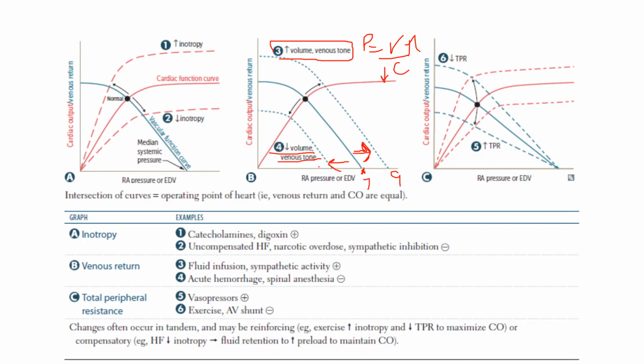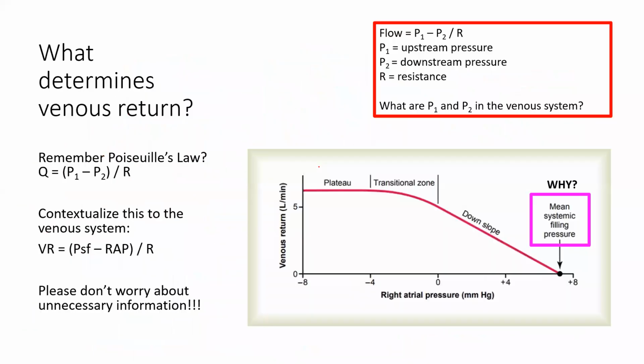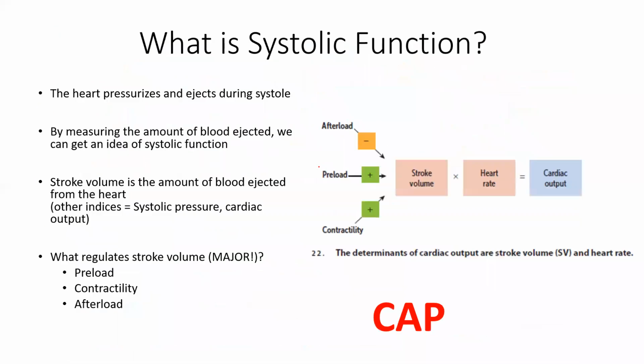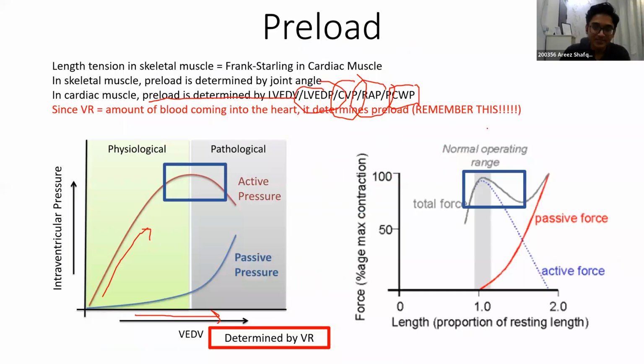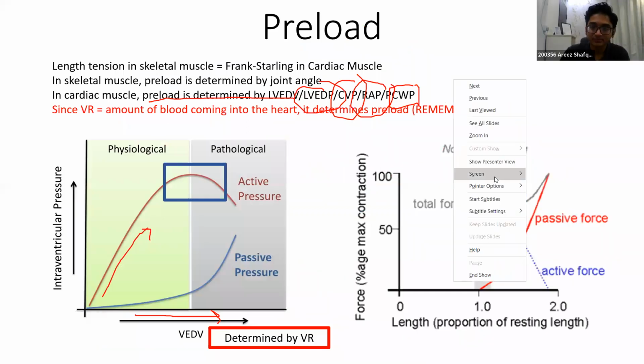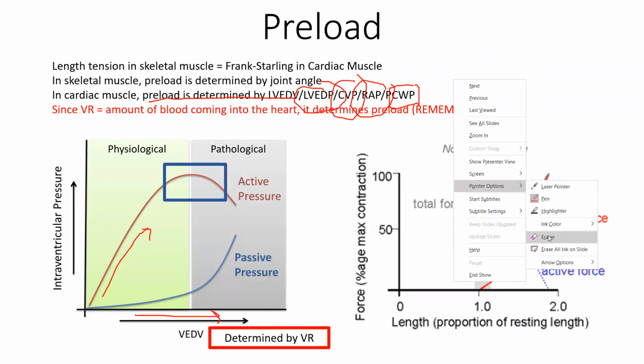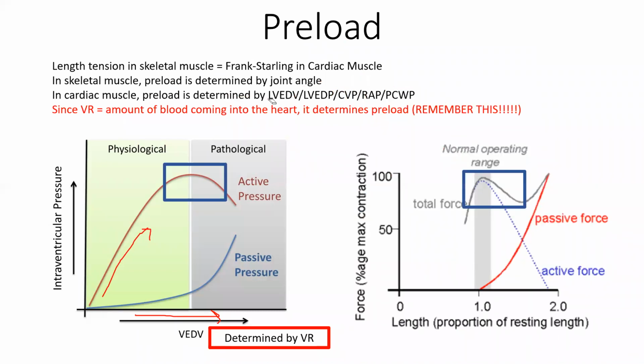Areez, in the second graph, it says on the x-axis right atrial pressure and diastolic volume. We don't mean the right atrial pressure and the gradient, we mean the PSF, right? You remember this? Yes. I told you that left ventricular end diastolic volume is the same as left ventricular end diastolic pressure.